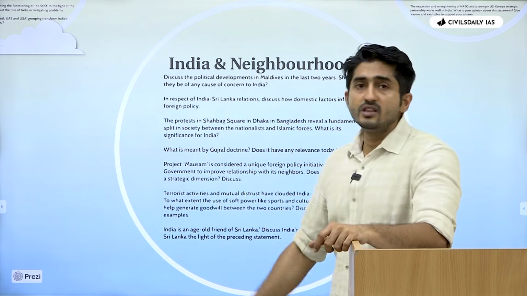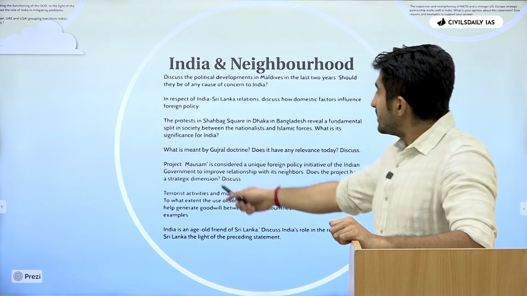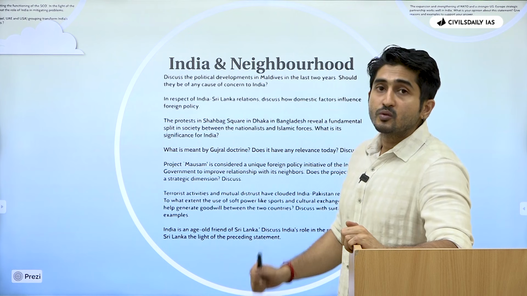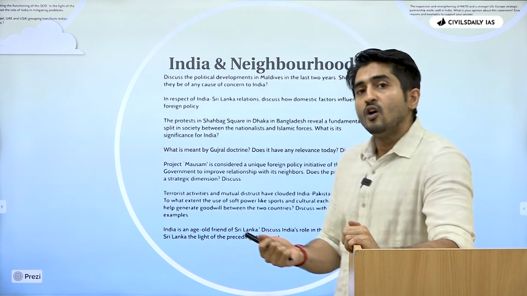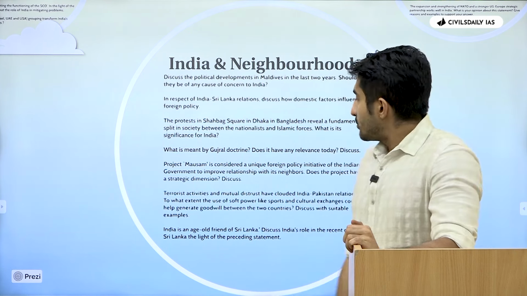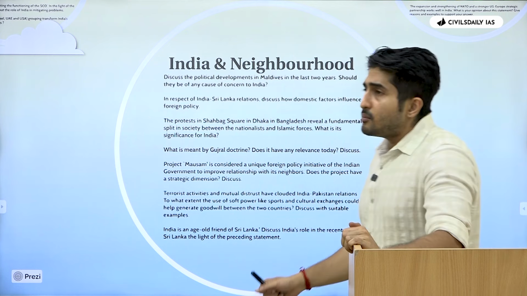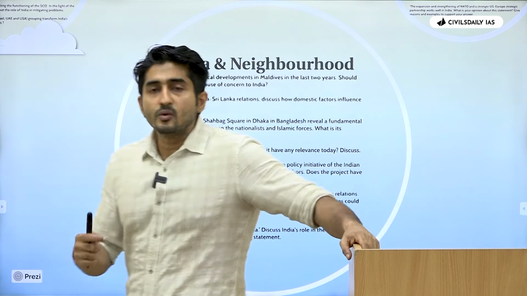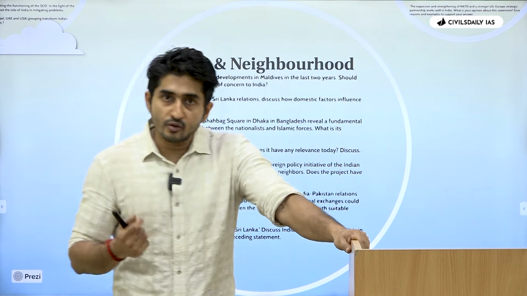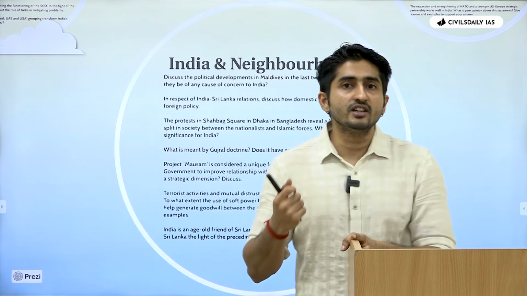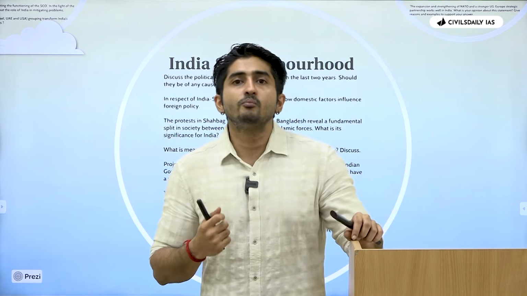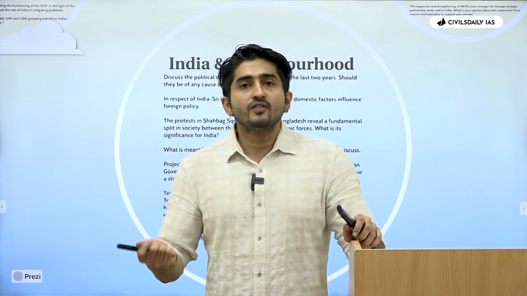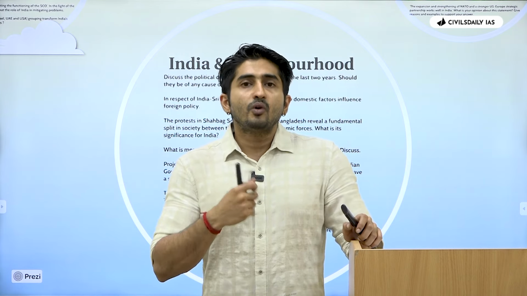One such question was on the Gujral Doctrine, and then you have Project Mausam, which was a unique foreign policy initiative of India for its neighborhood. India-Pakistan, there's very less chance that a question on India-Pakistan appears in UPSC Mains. India, Sri Lanka, Bangladesh and Maldives are the most important countries of the neighborhood, which is important from your perspective of UPSC Mains.